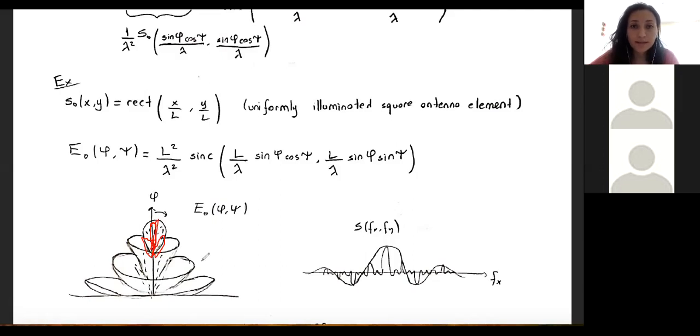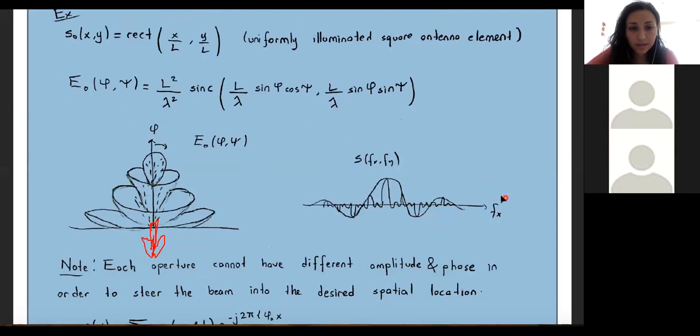So the antenna designer's task is to decide on this illumination function, on this L, the antenna size for each element, and how many to repeat. Based on that, you're going to get the limitation for the resolution of the system. That's all I want to say about this example for now.